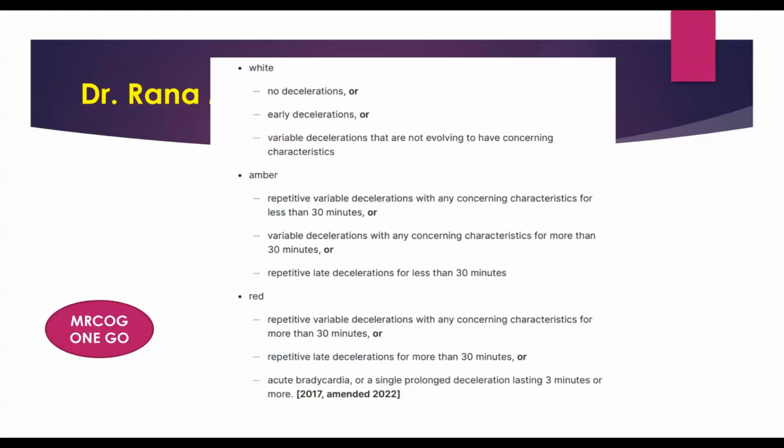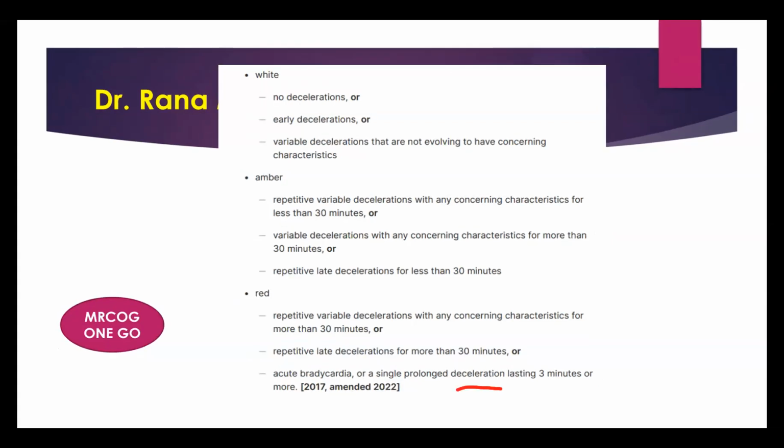The deceleration lasting 15 seconds. Imagine that you have a deceleration lasting 3 minutes. So it's sudden reduction of the fetal heart rate for 3 minutes or more. So this is prolonged deceleration. You got the difference between acute bradycardia and prolonged deceleration?